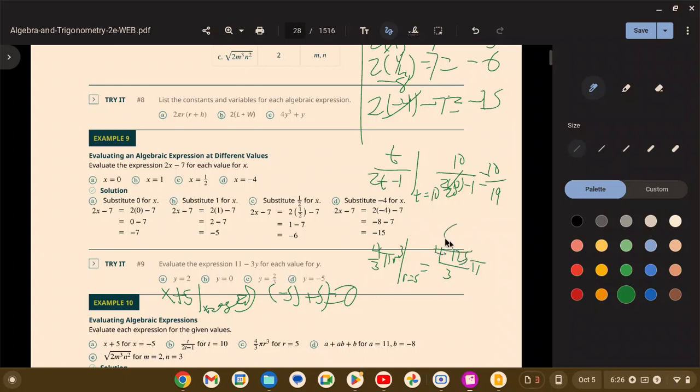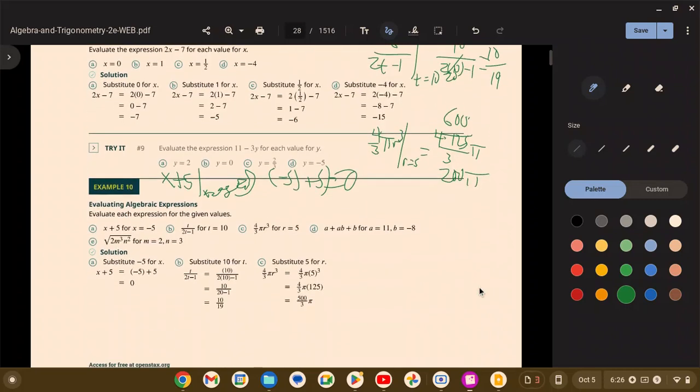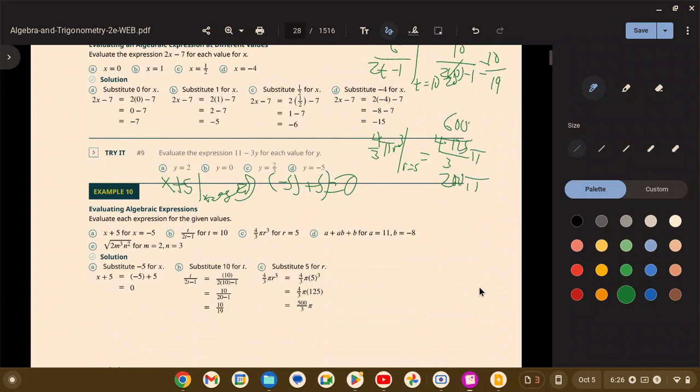That's going to be 600 divided by 3, 200 pi. All right, let's just see. Did I do the math wrong? Yep, that's not 600. That's 500. So that's, yeah. Okay, anywho, so that's how you do those.